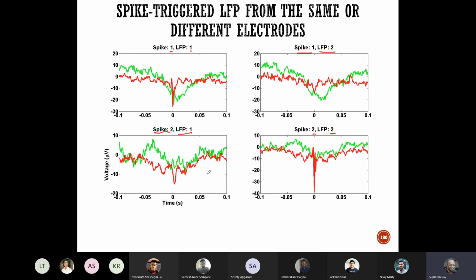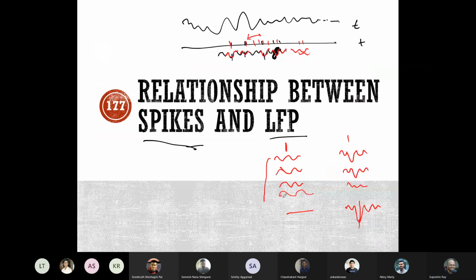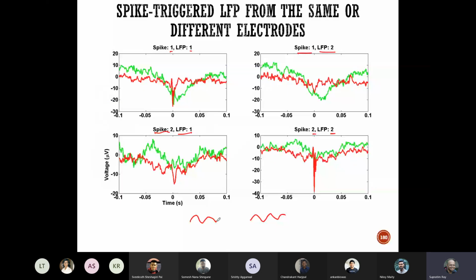The idea is that the LFP from two electrodes, as we saw earlier, is more or less the same. It has the same phase. So I need a proxy of the LFP oscillation from this electrode and ask whether spikes are occurring on that. But this electrode also catches the extracellular action potential, which is this thing here.